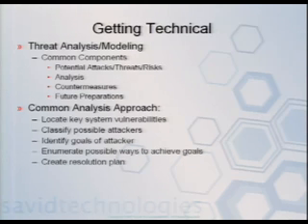What kind of countermeasures you can implement in the future as stronger protections, which lead to future preparations. A common analysis approach: locate your vulnerabilities, classify possible attackers. So if you're running a bank or a financial system, who could possibly want to get into your network and take your information, whatever it may be.